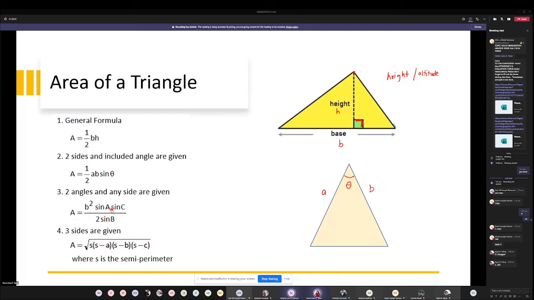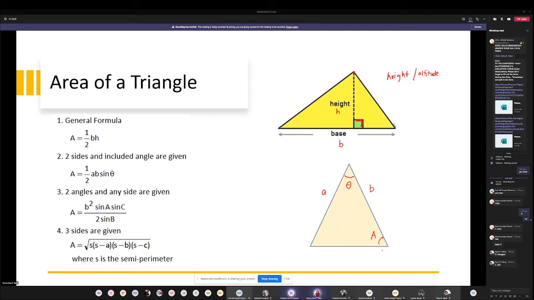For these angles, capital letters A, B, and C, so that it would be easier to solve for whatever you're solving for, be consistent with the labeling of the sides and the angles. If you are labeling this side as side A, then the opposite angle must be angle A, if you're using the third formula.